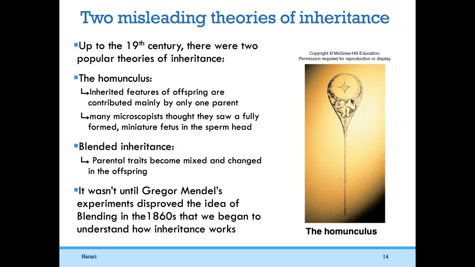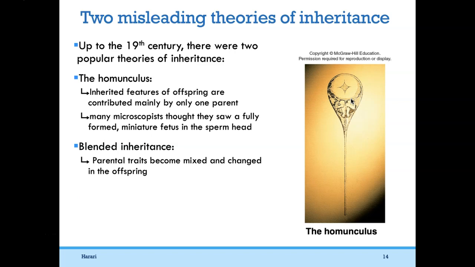But this doesn't really make sense, blending inheritance, because that means traits would always become less extreme over time. Right? Everything would just be more blended until everything is just gray and kind of an equilibrium. So that's not the case, right? We still have black birds and white birds, and we have tall people and short people. Not everything is just blended over time.